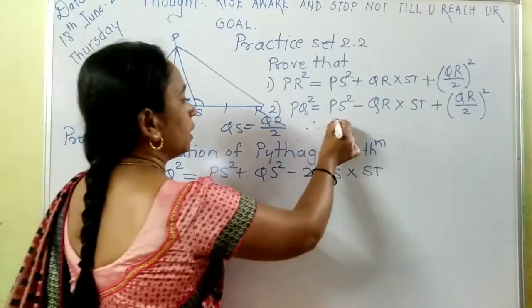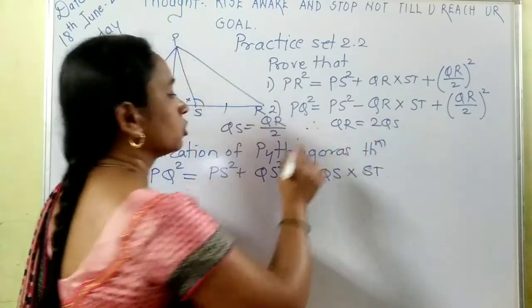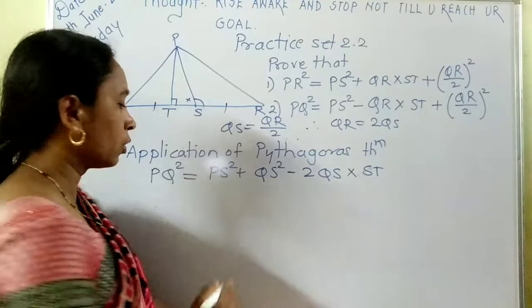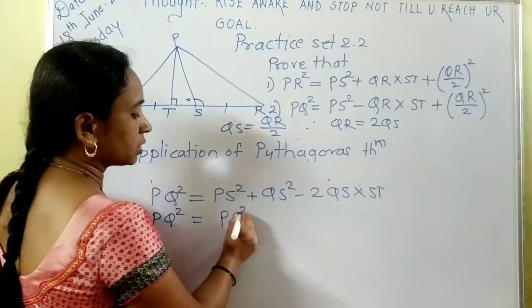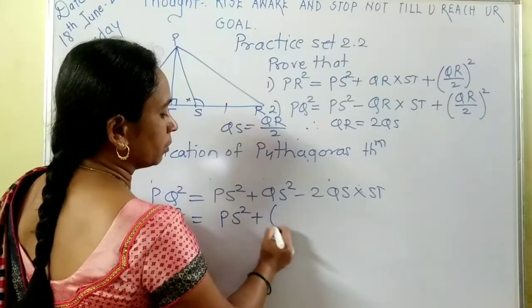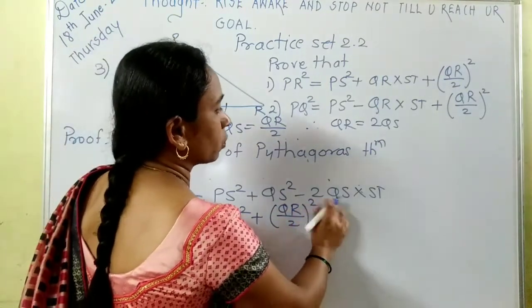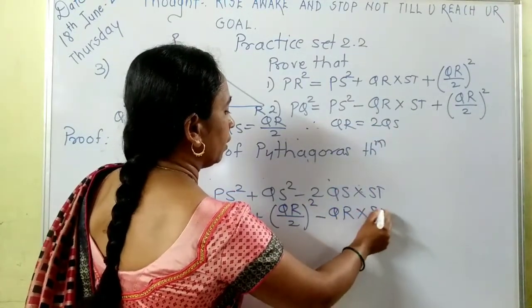Therefore, QR's value is equal to twice QS. So this relation we are going to use here. This QS we will replace with the QR. We will get PQ square is equal to PS square plus (QR upon 2) whole square minus twice QS, which is QR, so QR multiplied by ST.